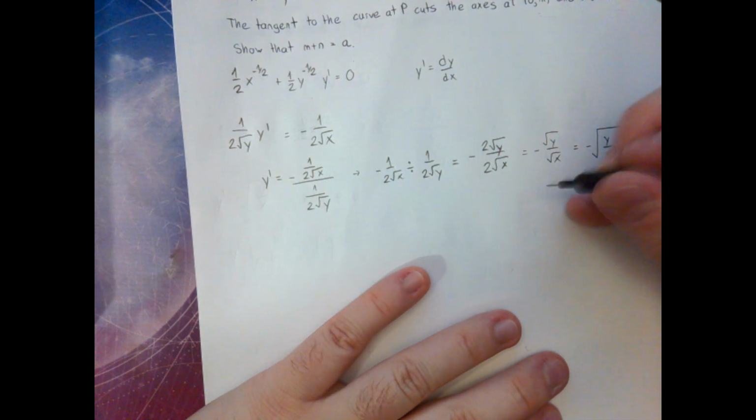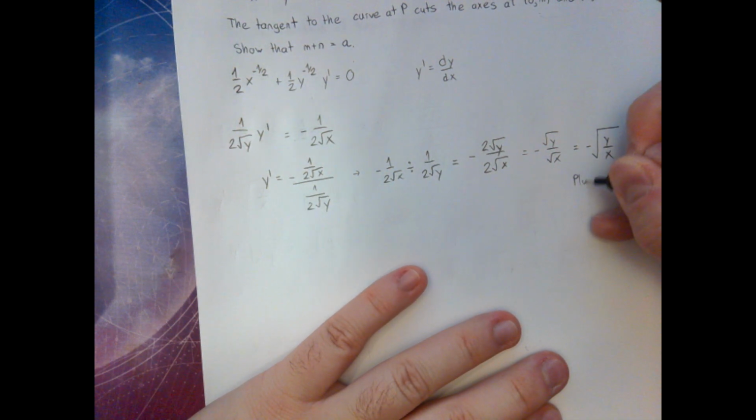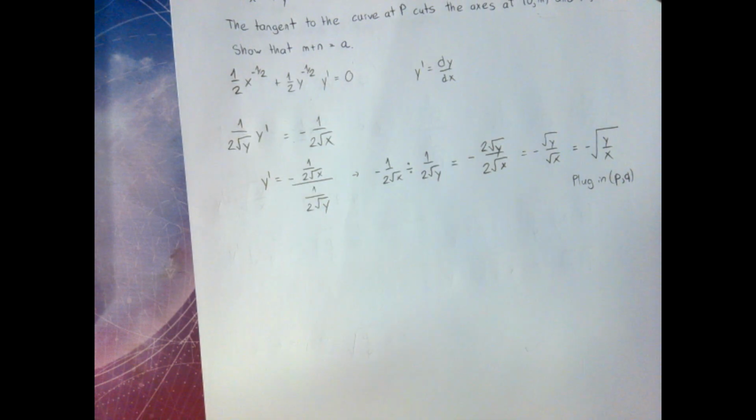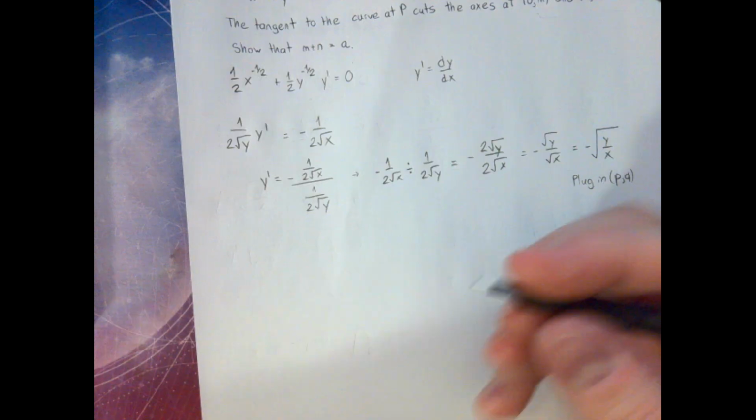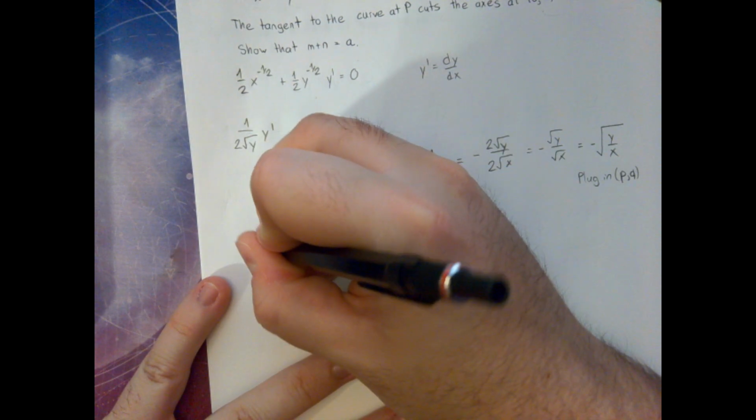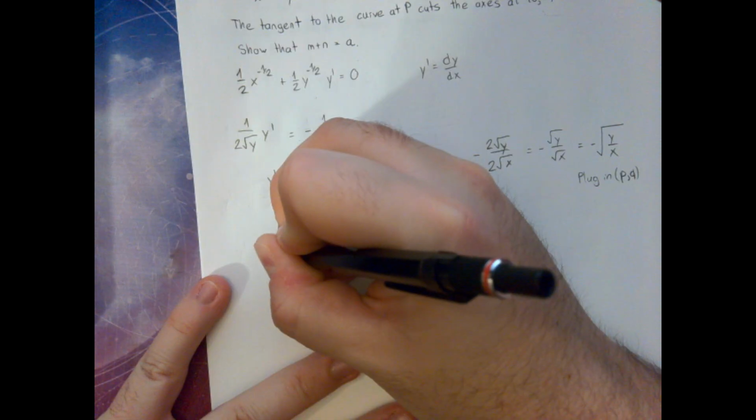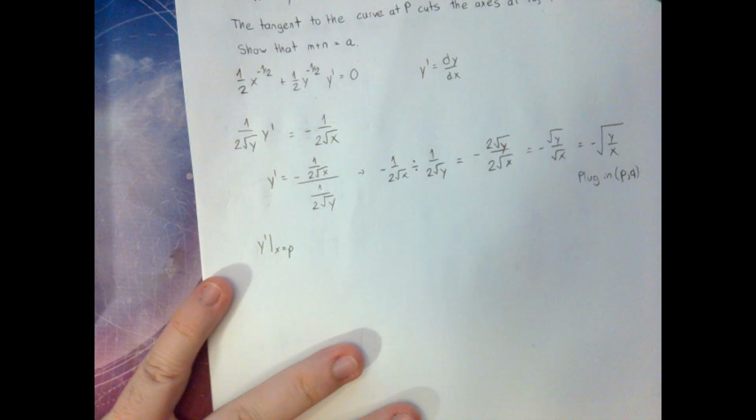But at this point, now I can plug in my point (p, q). Obviously, I don't have any values, but I am going to plug in my variables because I want to find an algebraic expression to represent the slope, for y prime when x is equal to p. That was the word I was looking for.